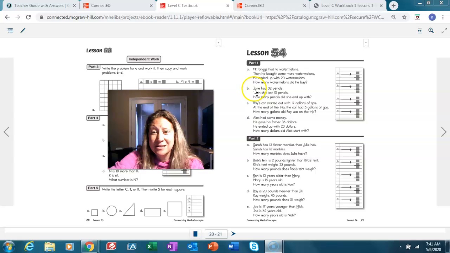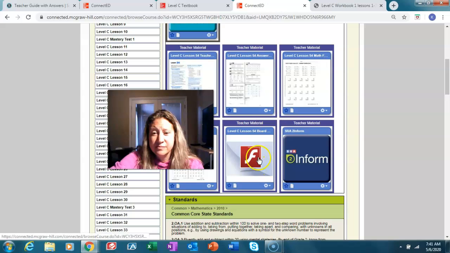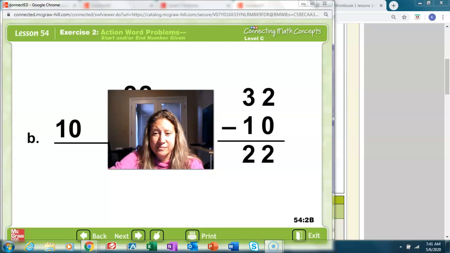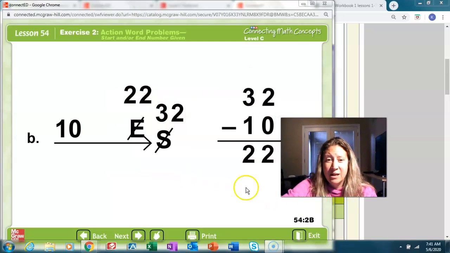The S. It tells us that she had 32 pencils. So go ahead and write your problem and work it. And did you get 22 as E? Good job.